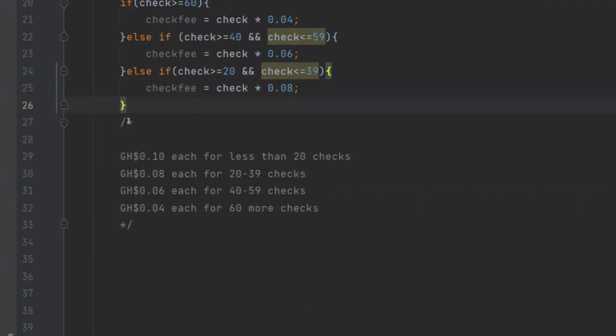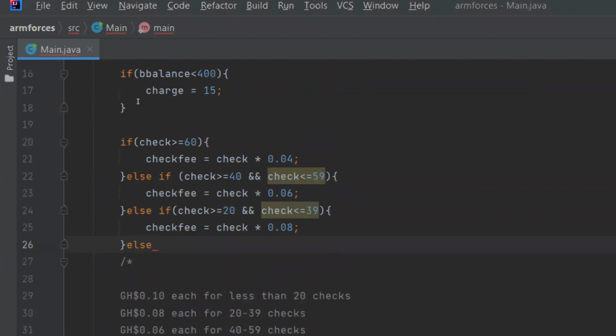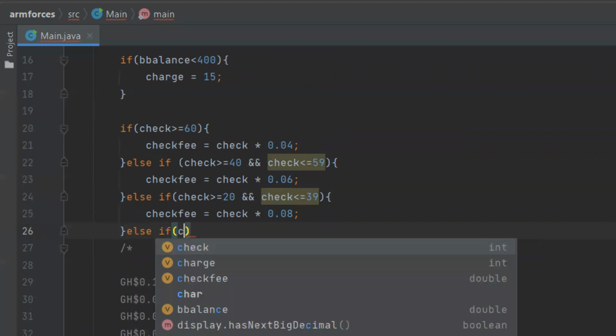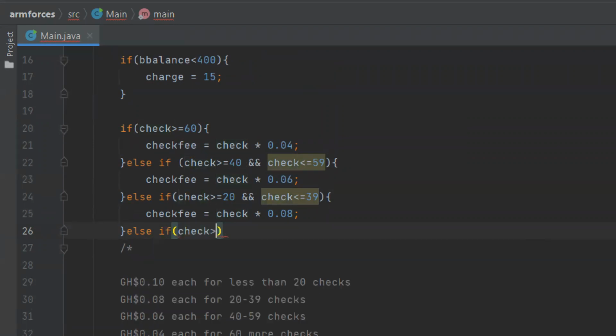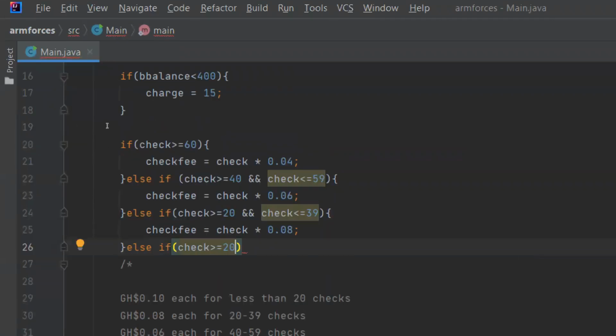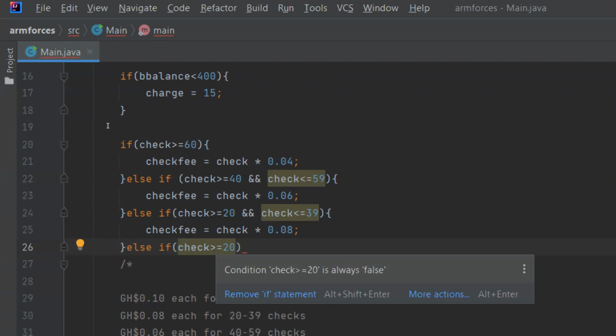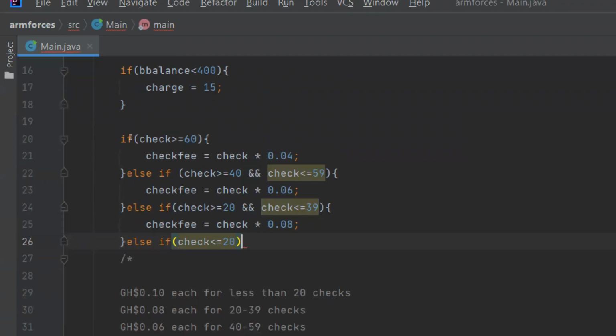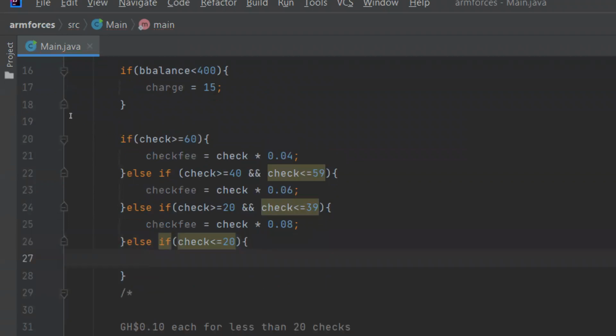And then finally, else, if you are less than 20, so else if the check is less than or equal to 20, then over here we are supposed to charge you a fee of 10.